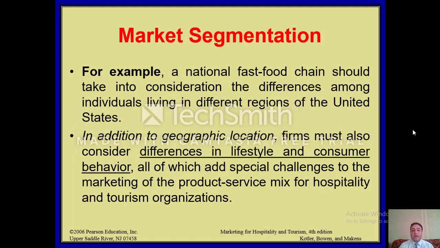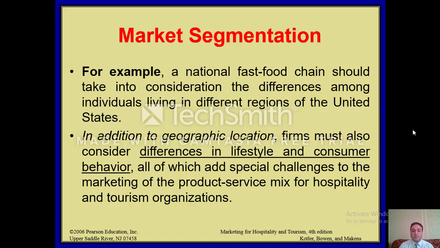So, for example, a national fast food chain like Evos or Oqtepa Lavash or whatever should take into consideration the differences among individuals living in different regions of Uzbekistan. When it opens in Tashkent, it's different than when it opens in Samarkand or Bukhara or Andijan and so on.